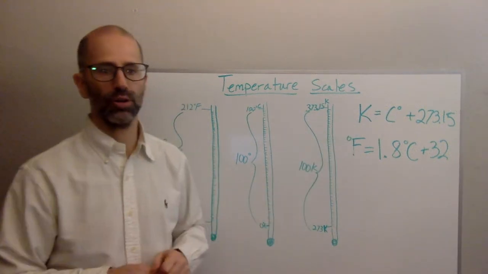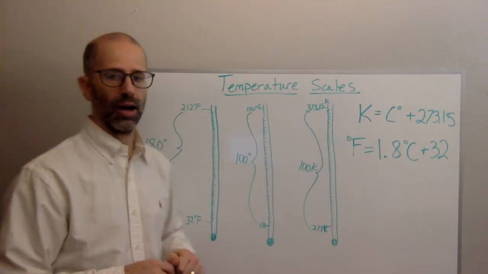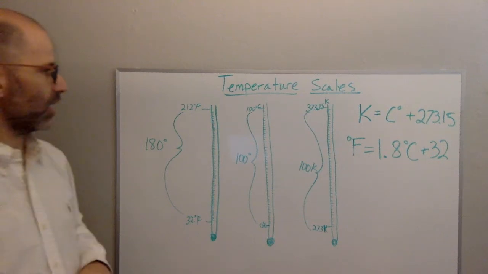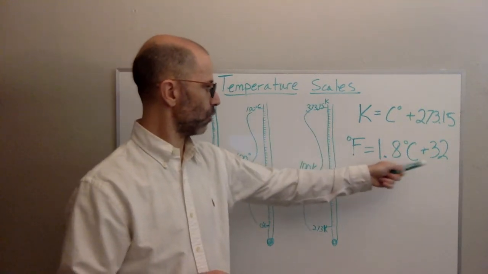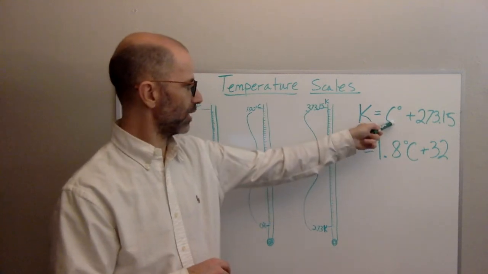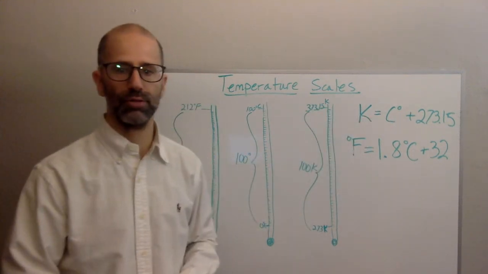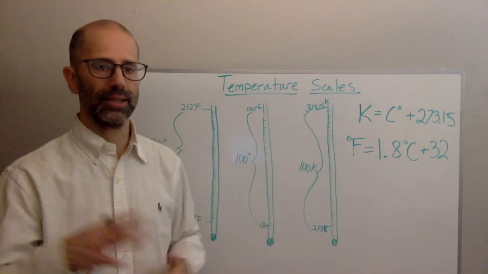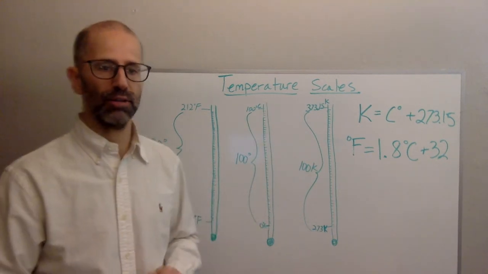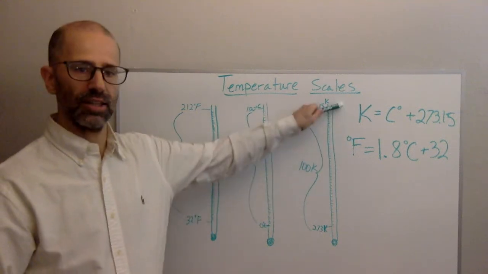As far as I know, there's no single equation that does that, although you could solve this for Celsius, substitute that in there, and then you would have an equation for converting directly from Fahrenheit to Kelvin. But I've never seen that written out. So usually you'll see these two.